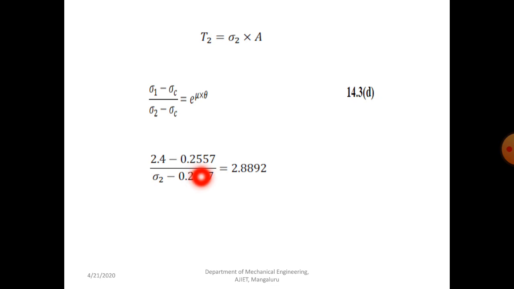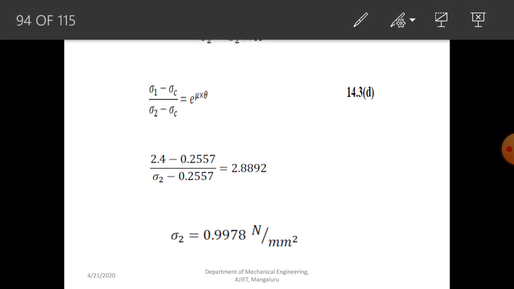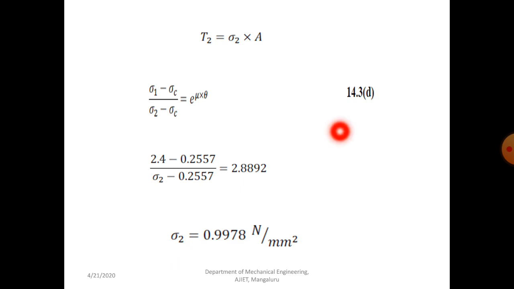Sigma c is the centrifugal stress, and that value is 0.2557. So (2.4 minus 0.2557) divided by (sigma 2 minus 0.2557) is equal to e to the power mu s theta s, that value is 2.8892. After substituting, the value of sigma 2 becomes 0.9978, meaning the stress at the slack side is 0.9978 Newton per millimeter square.